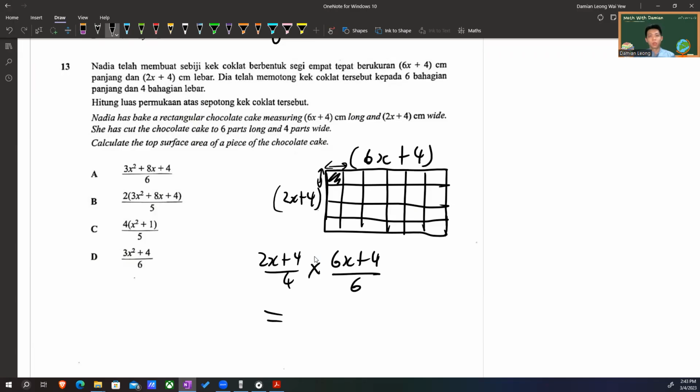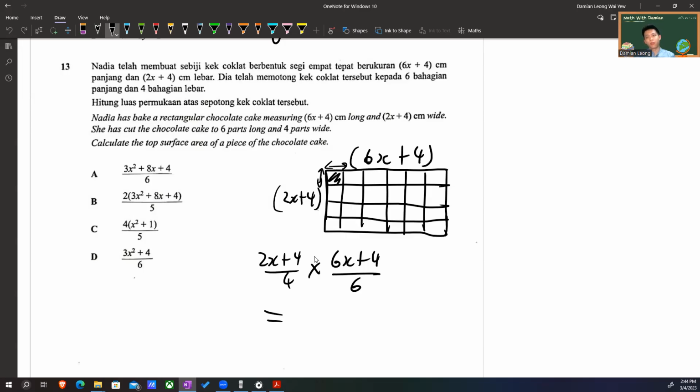Okay. So this one, I can basically change both to C. I can actually simplify this.